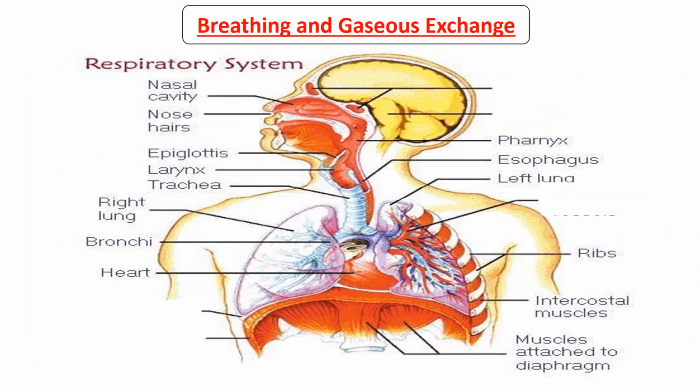This is the gaseous exchange system in humans, and we're going to start with that of humans. There are many parts here, but we're just going to concentrate on the ones that I'm going to mention.